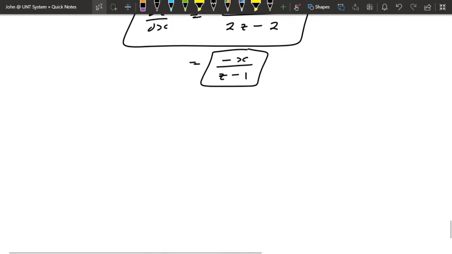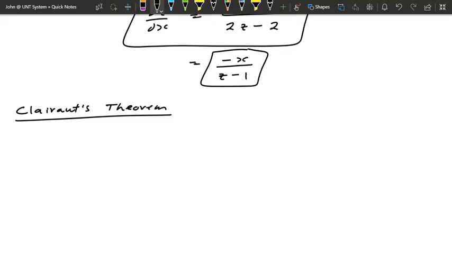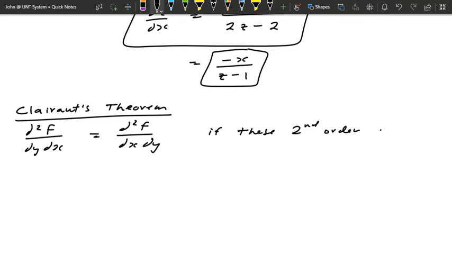And this was called Clairaut's theorem, which said that assuming that your second order partial derivatives exist and are continuous, then they have to be equal. So it doesn't matter the order in which you take the partial derivatives.